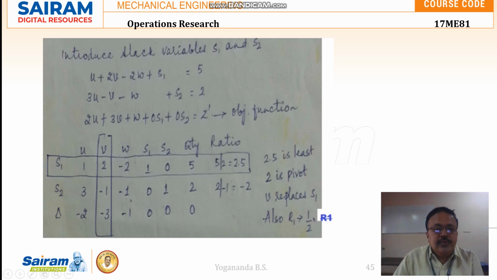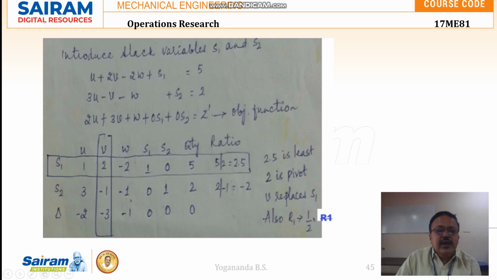So we write the basic table here, with the constraint equations added with slack variables s1 and s2. So we have u, v, w, s1, s2, and then we have the solution, and then we have the ratio column. Then row wise we have s1 and s2.